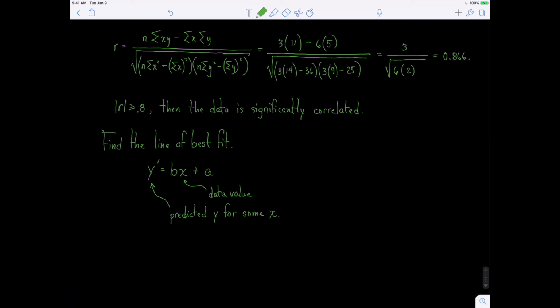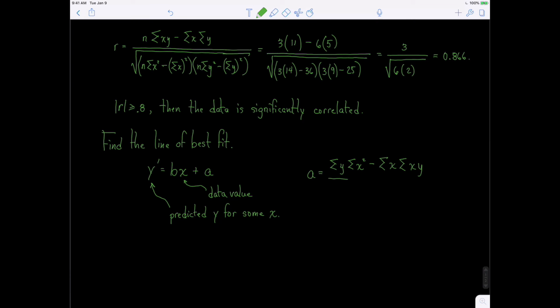So this will make more sense as we work through it. Now, also, a is calculated with this rather large-looking formula, and here it is. It's the sum of the y's times the sum of the x's squared minus the sum of the x's times the sum of the xy's.